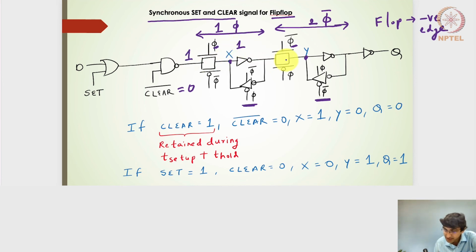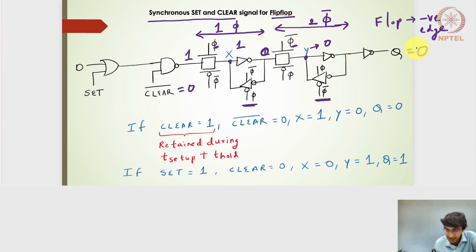X will be 1, and then this will be 0, and Y will be 0 in the phi bar. Then this 0 will be passed into the output, making it 0.